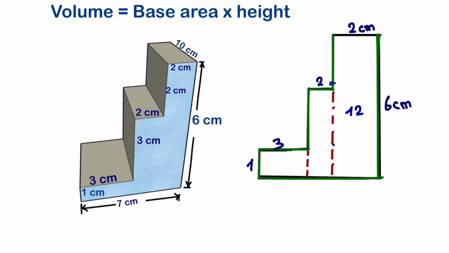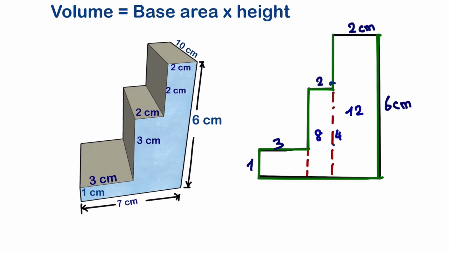Then this one here, we have 2, and here is 3 plus 1 is 4. So our rectangle will be 2 and 4, sorry. So the area here is 4 times 2, so we are going to have 8.